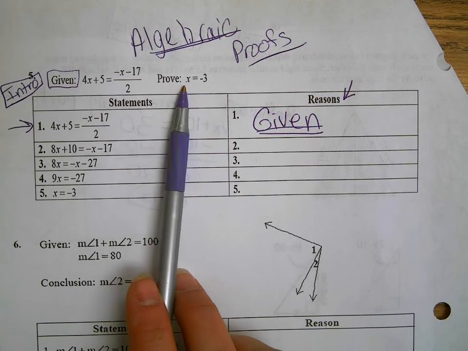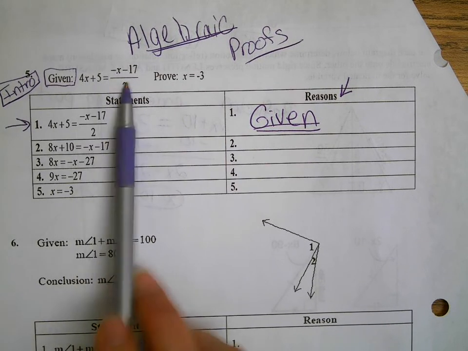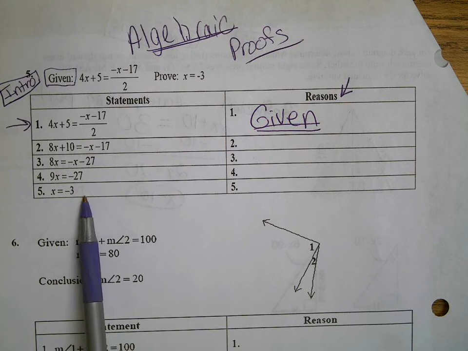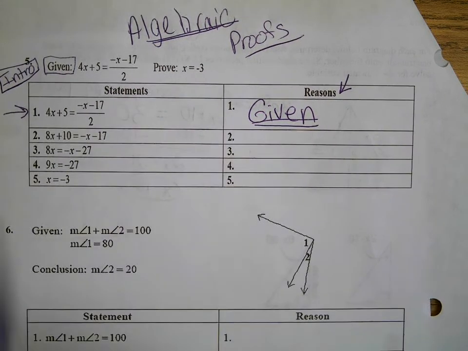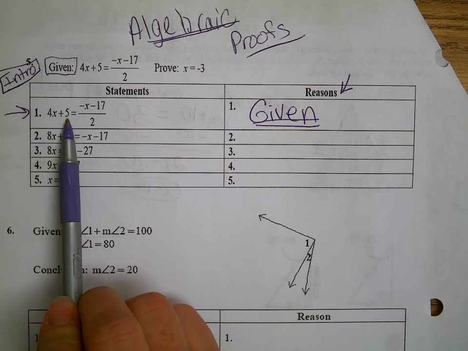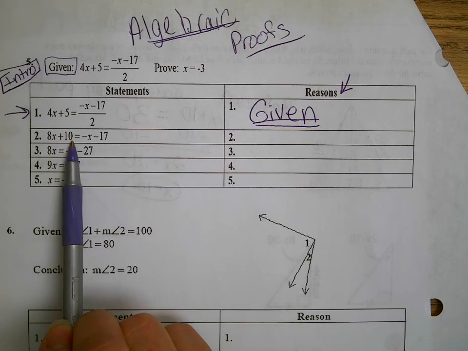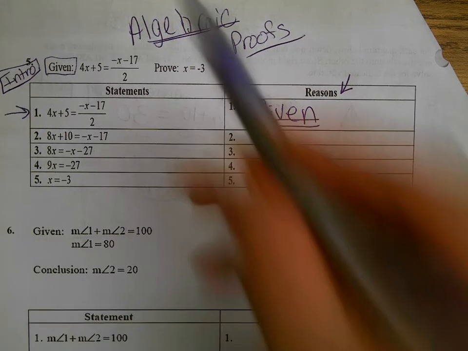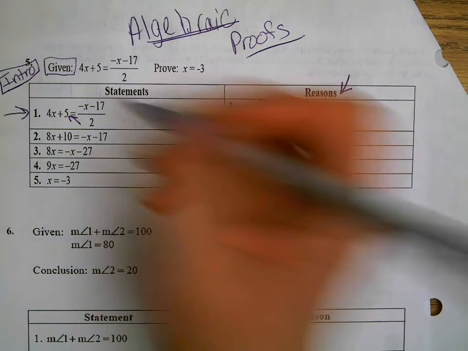They ask us to prove that the x value is equal to negative 3, so that this side of the equation equals this one. The math that we do to get there is because of certain mathematical properties we have. So how did I get from 4x plus 5 equals this fraction to 8x plus 10? Well, this 4x plus 5 got doubled. And how did that get doubled? By cross products, okay? We cross multiplied there.